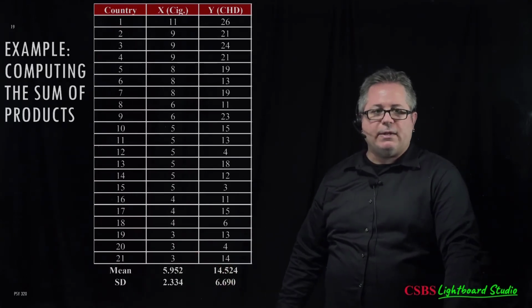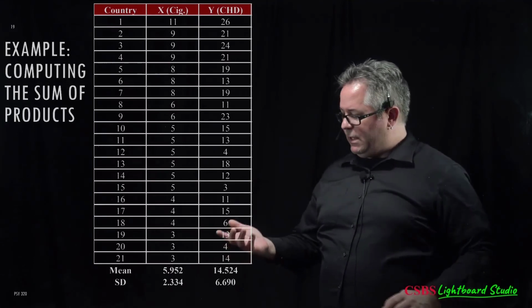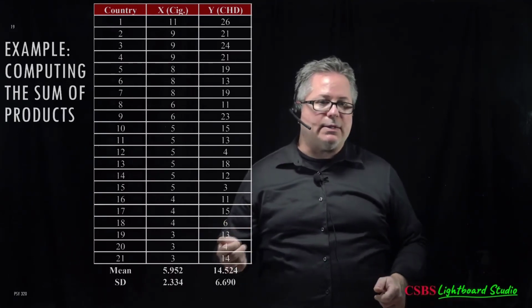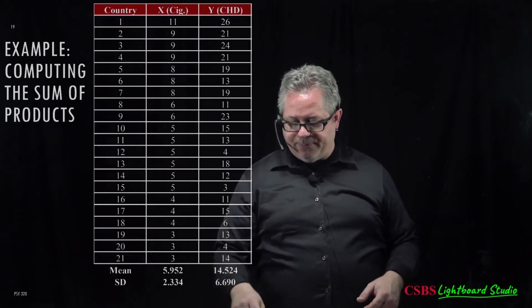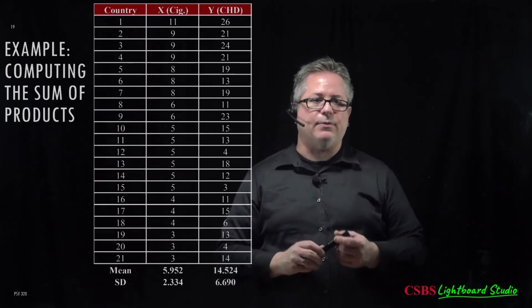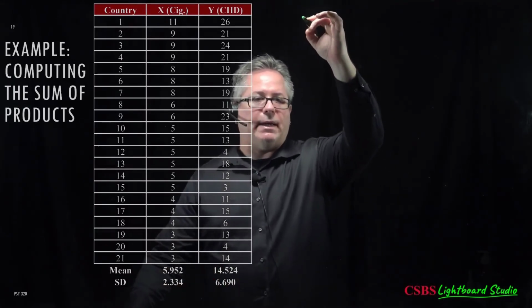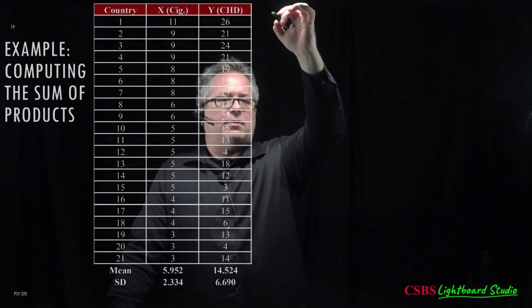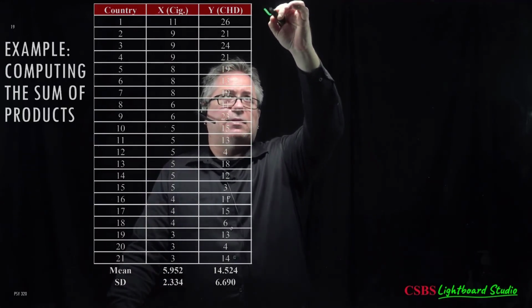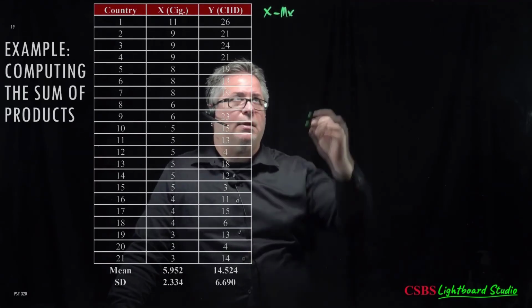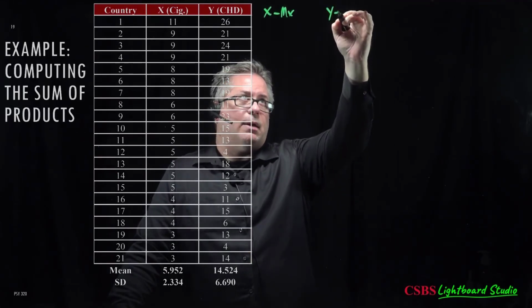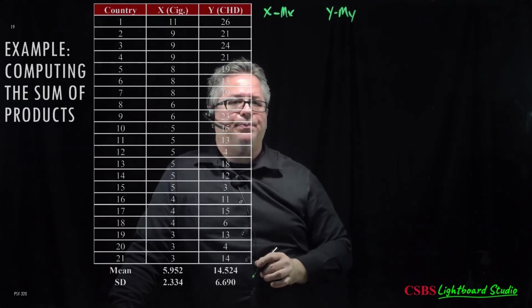So the way we're going to find this is, for each person, we need to find their deviations on both x and y. So up here on the top, this is going to be our x minus mx column, and then I need to make a y minus my column.